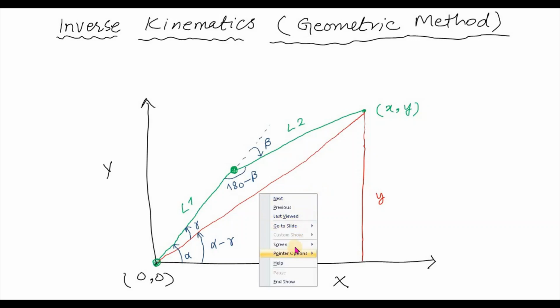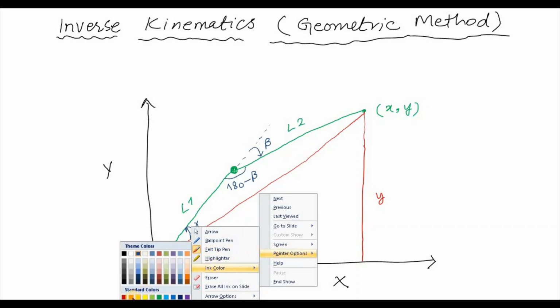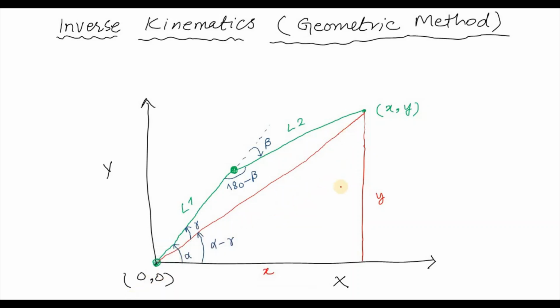So again we consider this red triangle. In this red triangle, this is a right angle triangle because here we have a 90-degree angle, and this length that connects the origin to the point, we call it R. And we have a second triangle that is not a right triangle.